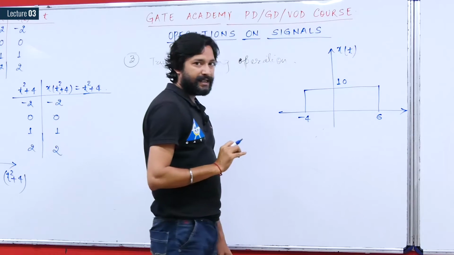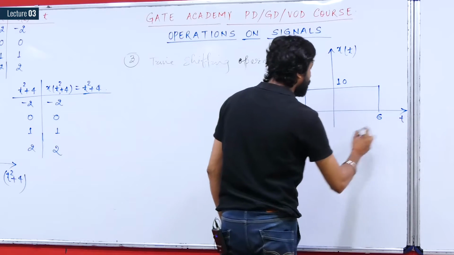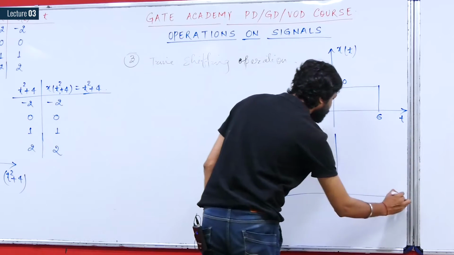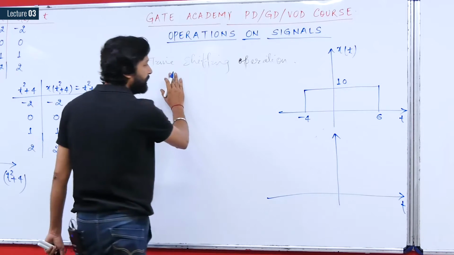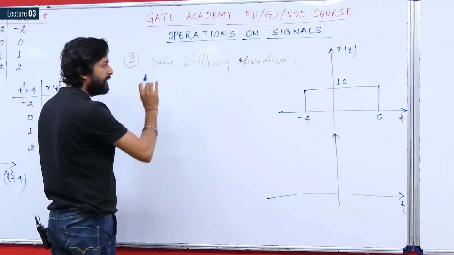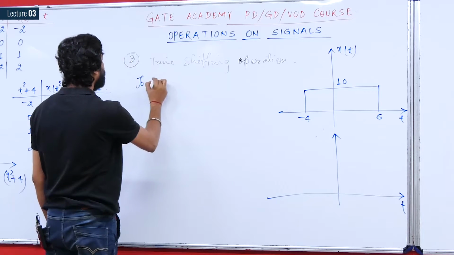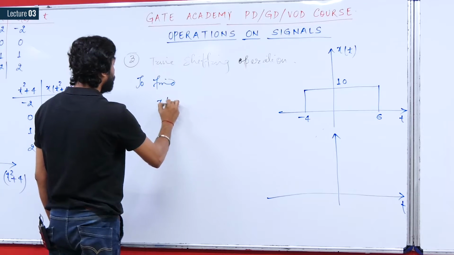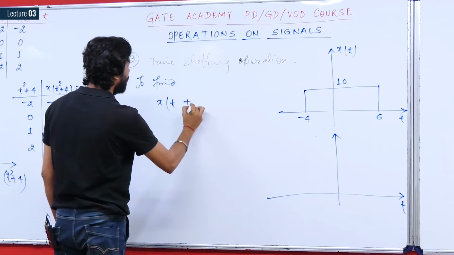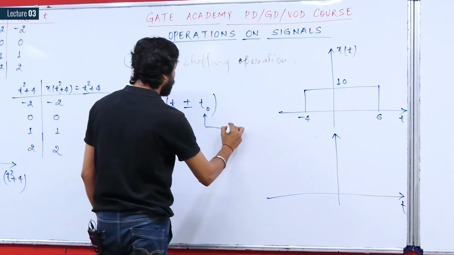So what we have discussed is, if this is the plot of x of t with respect to t, then in the time shifting operation, you will be given any signal x of t, and what you have to find is x of t plus or minus t naught, where this t naught will necessarily be a constant value.